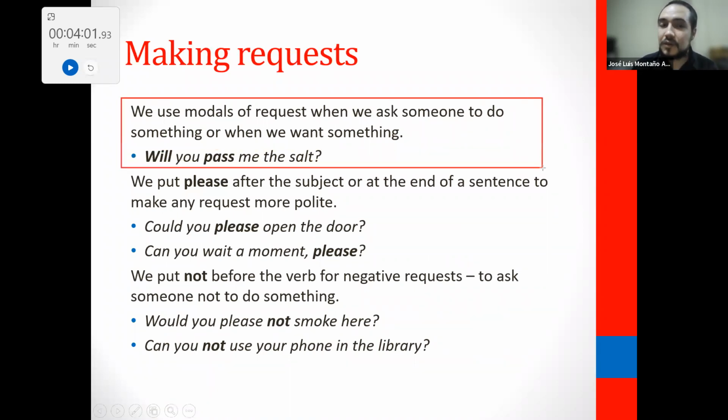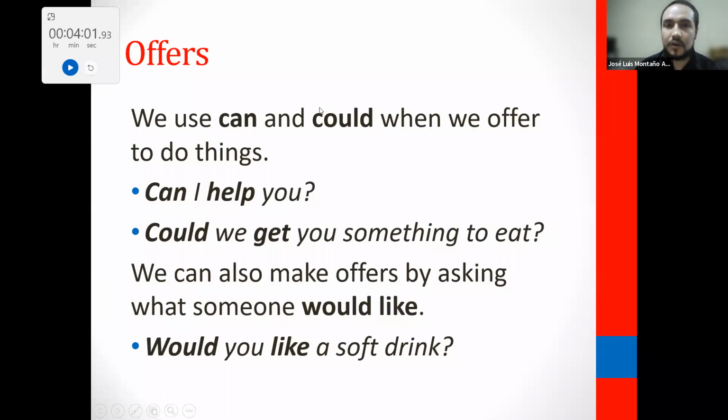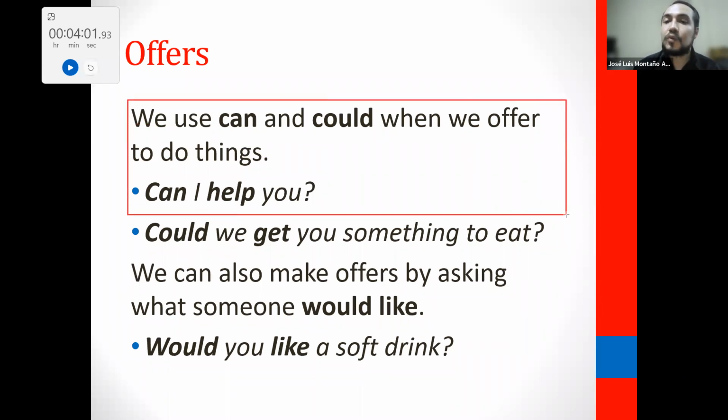All right, so request. We use modals of request when we ask someone to do something, or when we want something. Will you pass me the salt? That's a request, right? But if we go to the offer, it's the following. We use can and could when we offer to do things.